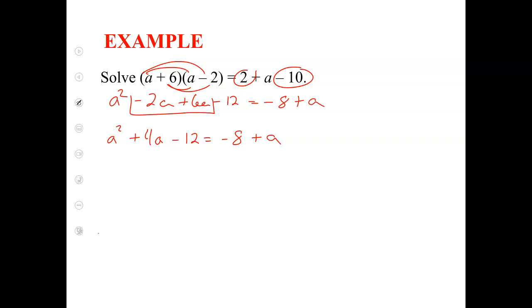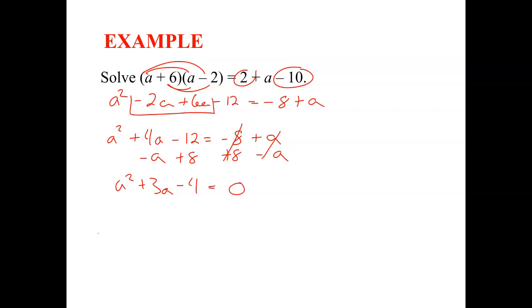Okay? So I want to move negative 8 and a to the other side, so what do I do? Subtract a, and what else? Add 8. Okay? A squared plus 3a minus 4 equals 0.